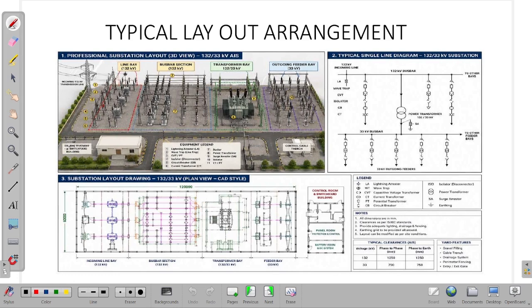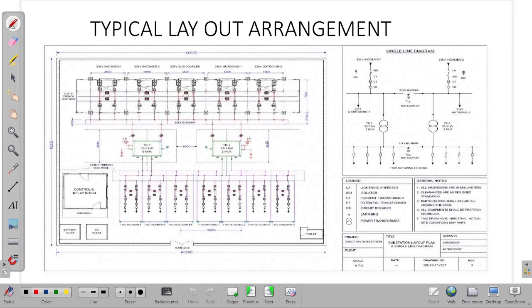Then it is given the layout plan for a 33/11 kV substation. You see, this is the single line diagram for two incomers, and this is the bus coupler.